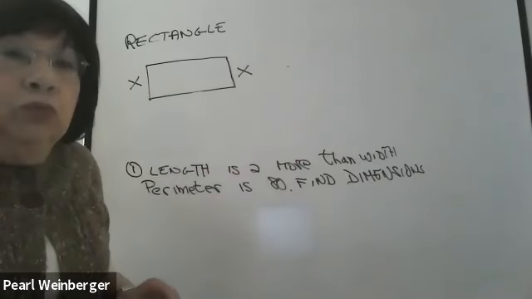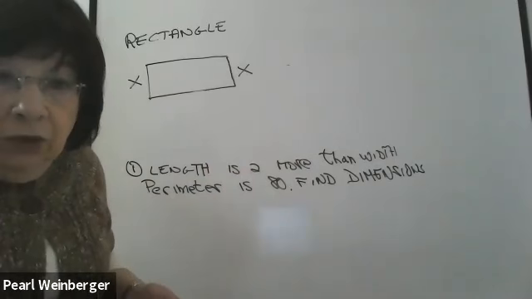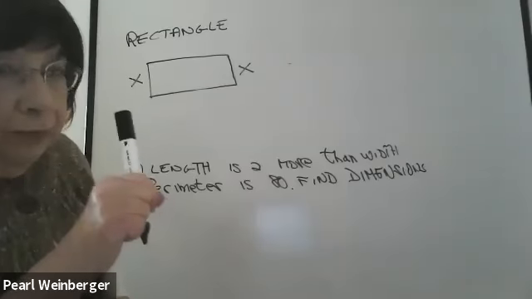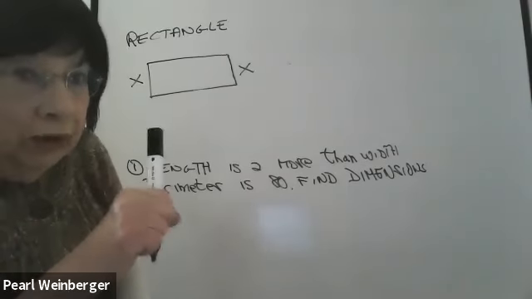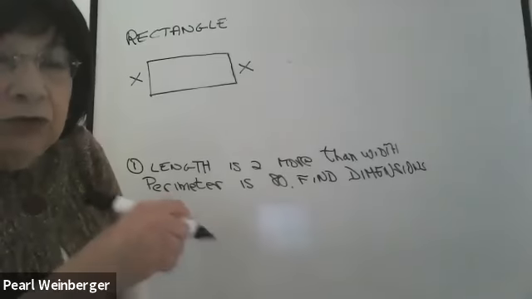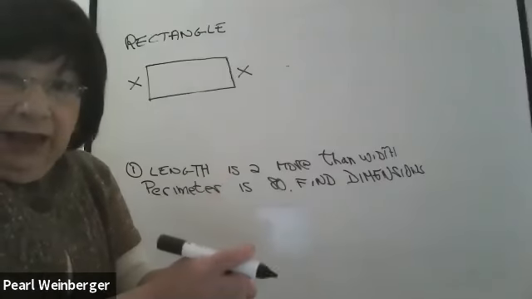What does 2 more mean? What do we do when we have 2 more? Are we multiplying? What operation are we doing when we're doing more? If I have $5 more, what am I doing? Addition. I'm doing addition. The word more means to add.